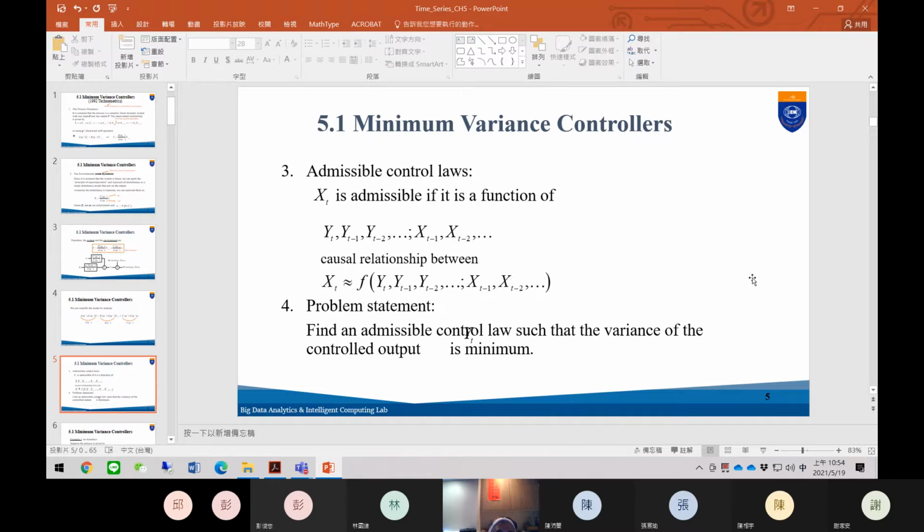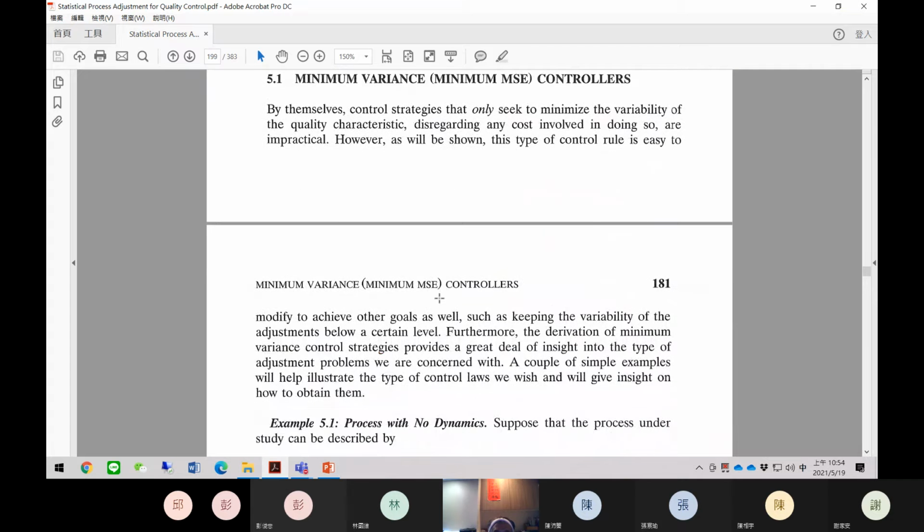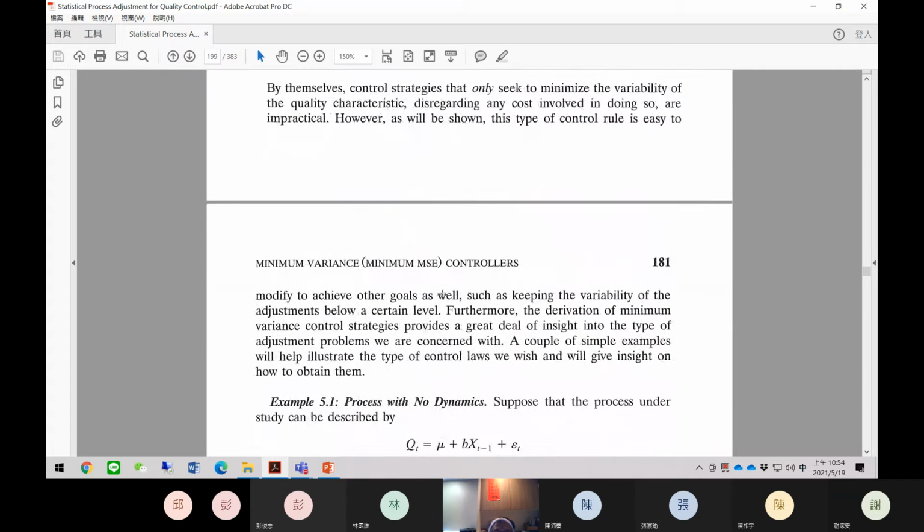So then also we'd like to talk about the admissible control laws. Let me see the what is admissible?